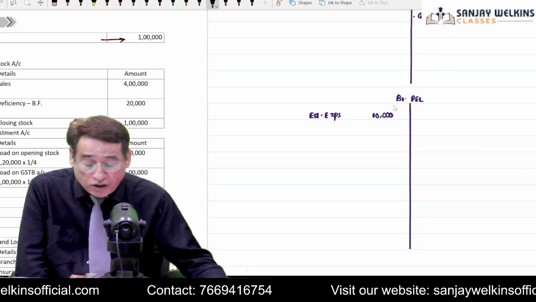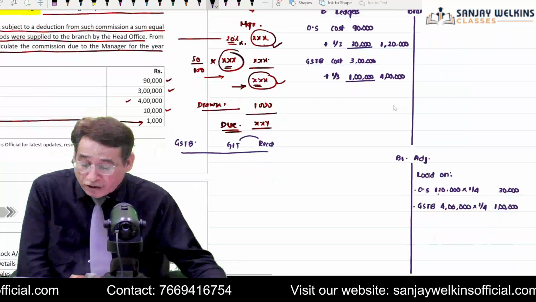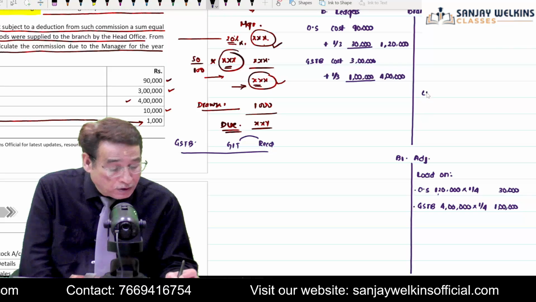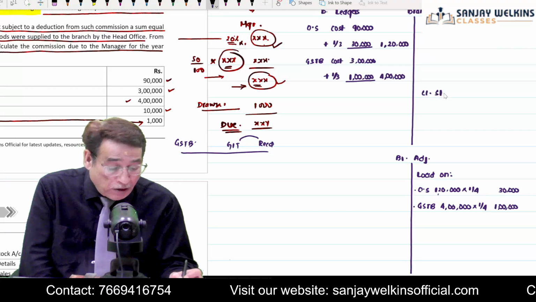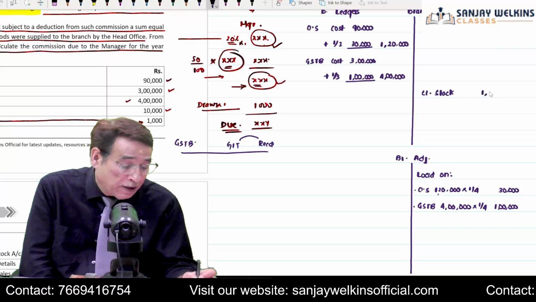Drawings by manager against commission is the next item. What will be the treatment and where it will be written, I will let you know. And after that, we are being given closing stock. Closing stock at selling price, that means invoice price, is given as 1 lakh.